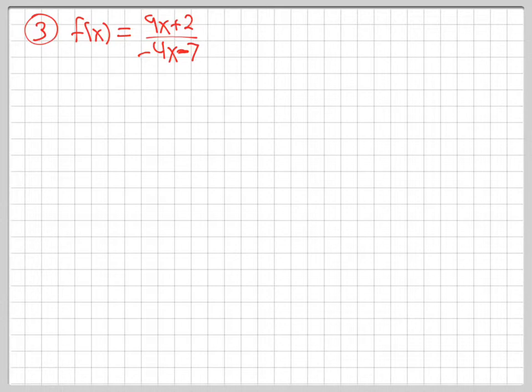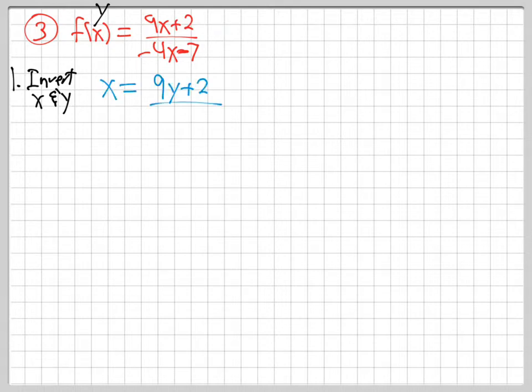All right, same 2 steps, right? Step number 1, invert or switch x and y. So this y out here will become an x, and the 2 x's both become y's, don't they? X's become y's, y's become x's. We good there?